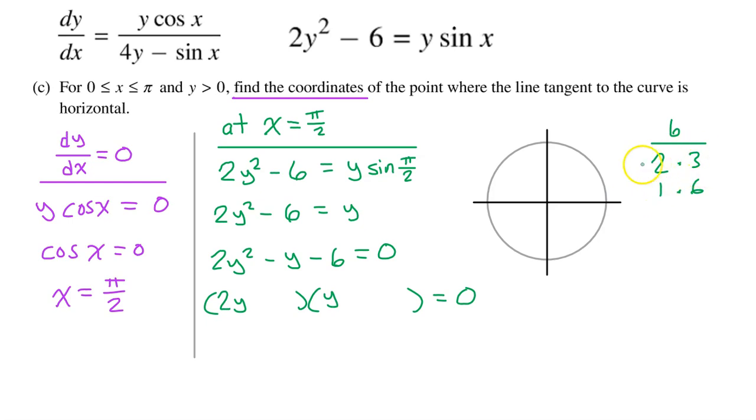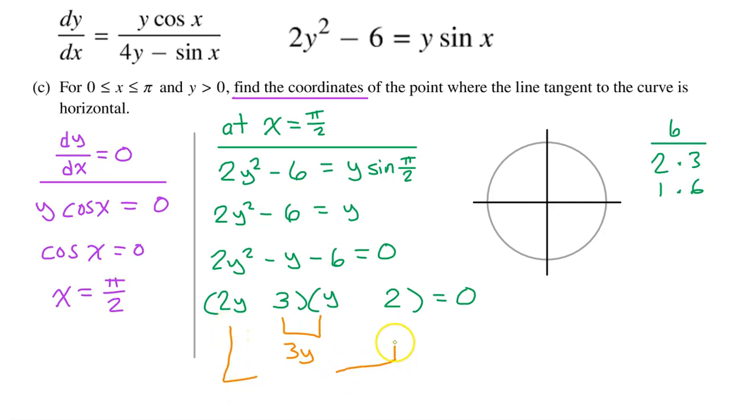Instead, if I want to try the pair of 2 and 3, I will immediately put the 3 here and the 2 here. The phrase I use to factor is inner plus outer must equal middle. When I say inner, I am talking about these values. Inner is 3y. I normally do this in my head. This is just for instructional purposes. So inner, I have 3y. Outer, I'm talking about the product of these two.